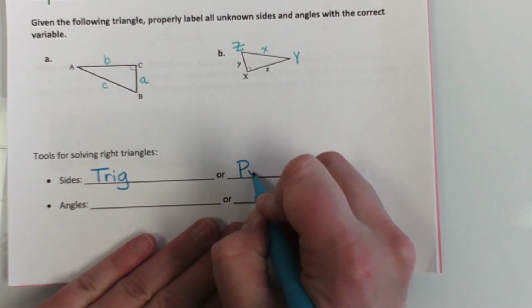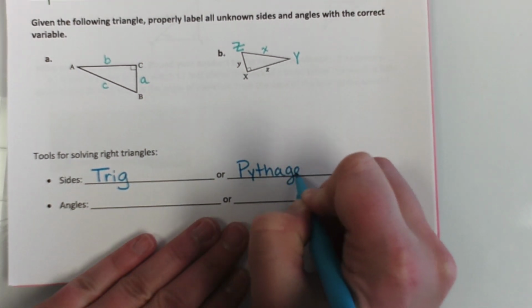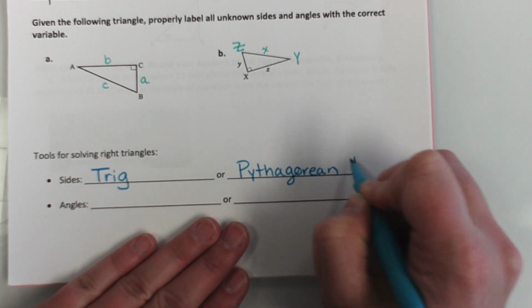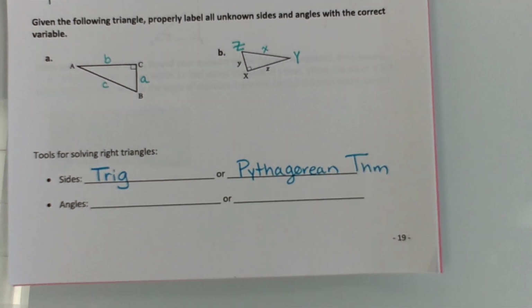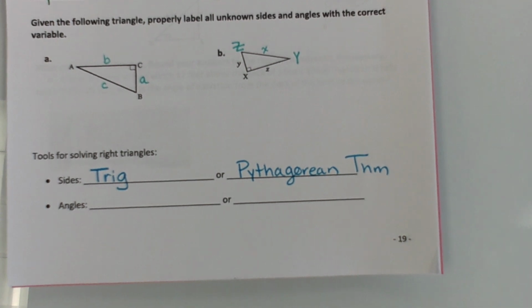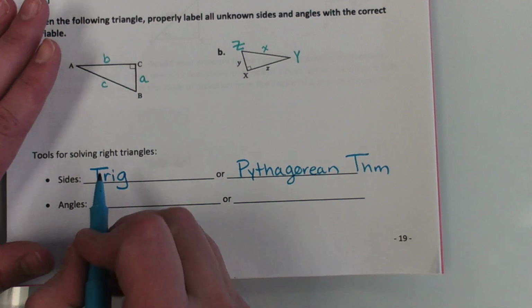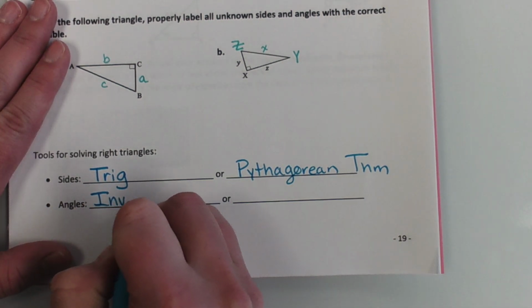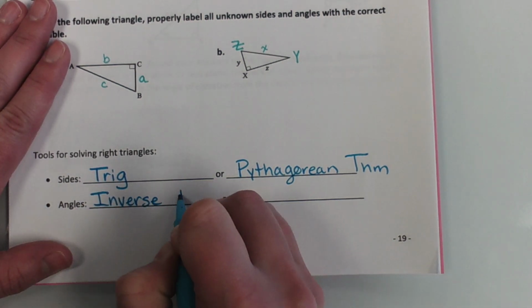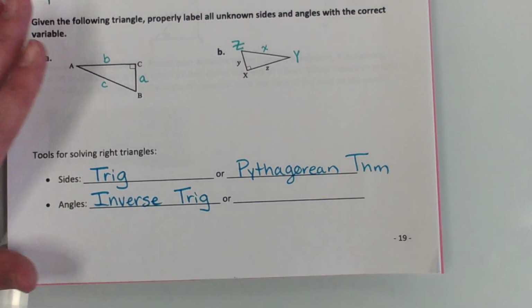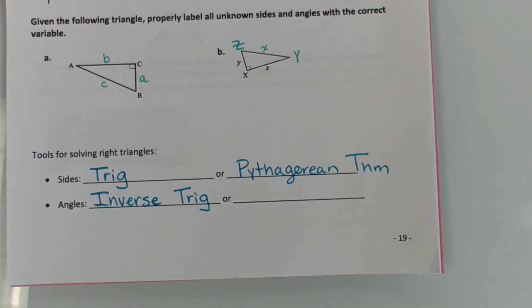Pythagorean theorem. If you're solving for angles, on the other hand, yes, you're technically doing trig, but more specifically for angles, it's what kind of trig? There's an I in the word. Inverse trig. So you do trig, but you specifically focus on the inverse trig.